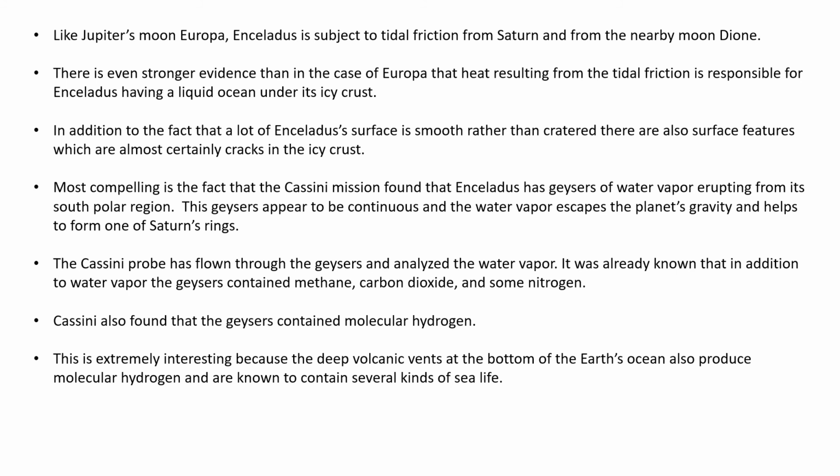Now that's very interesting because we have these deep volcanic vents beneath the Earth's ocean, and they also produce molecular hydrogen. So it's very interesting that we see the same thing happening on Enceladus. It makes Enceladus a place where some biologists think there's a possibility you might have life. Some kind of simple single-cell life might exist there.